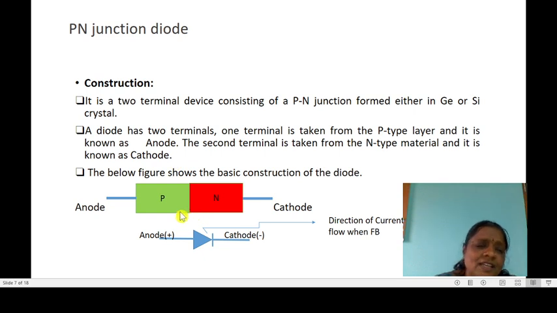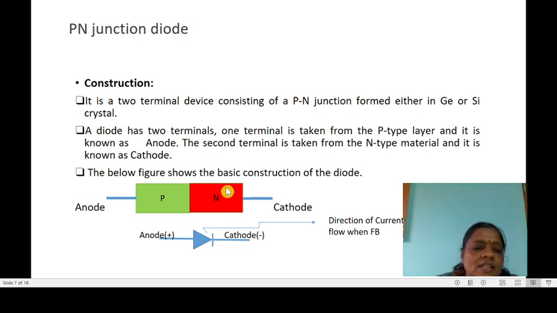To construct it, we take any one of the germanium or silicon materials, and then half of that semiconductor material is doped with P-type material and the other half is doped with N-type material.